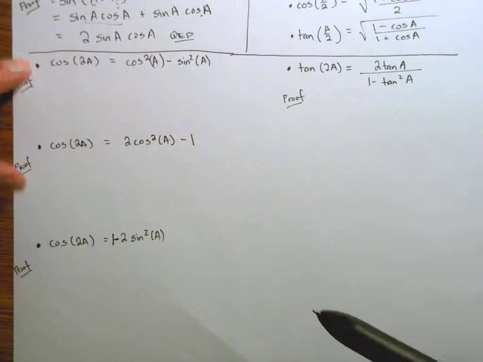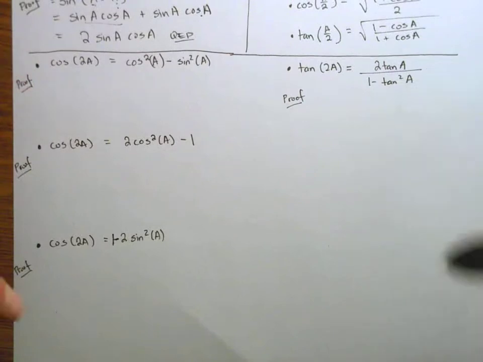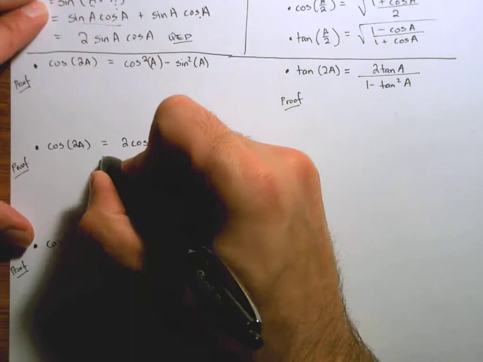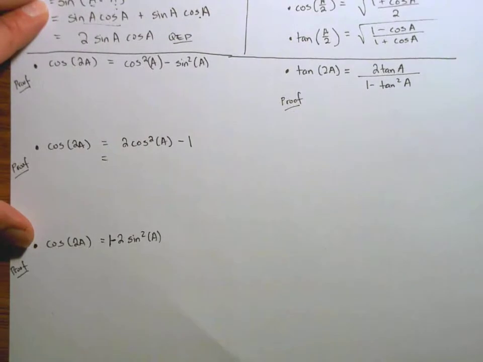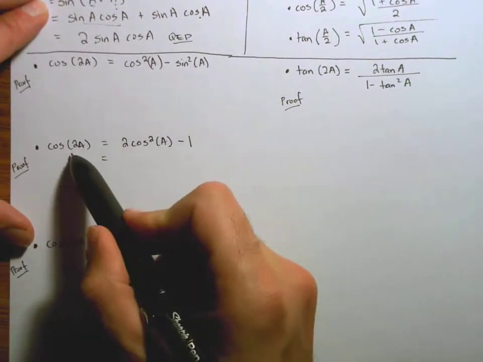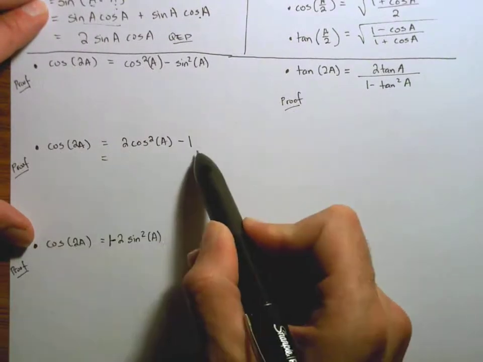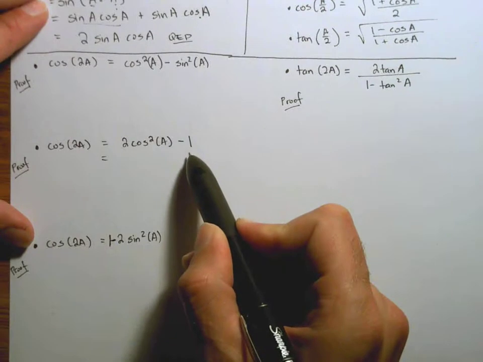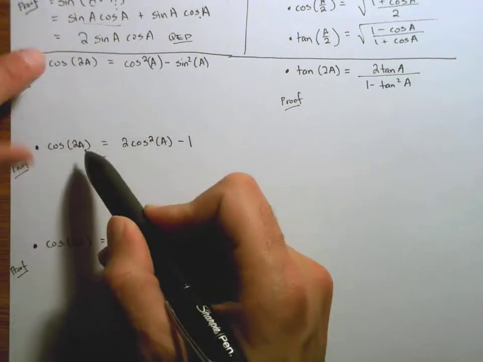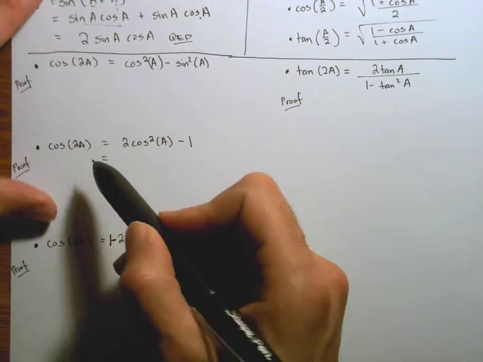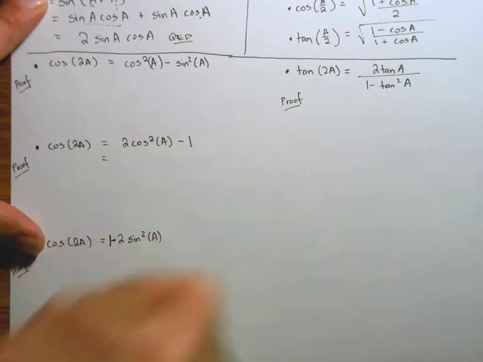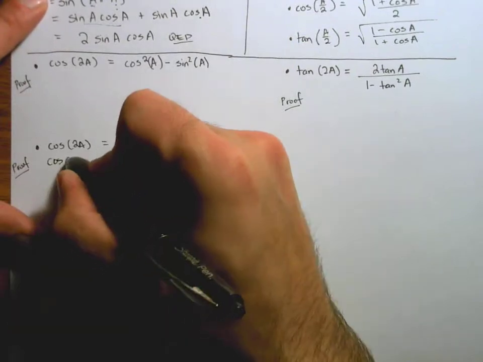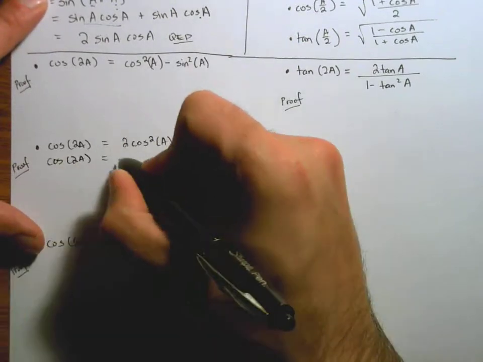Now, I know that this cosine 2a has to eventually equal this stuff. And I can use the same kind of trick that I did up here with the sine of 2a. I'm going to say the cosine of 2a is equal to the cosine of a plus a, which by the additive identity is this stuff.